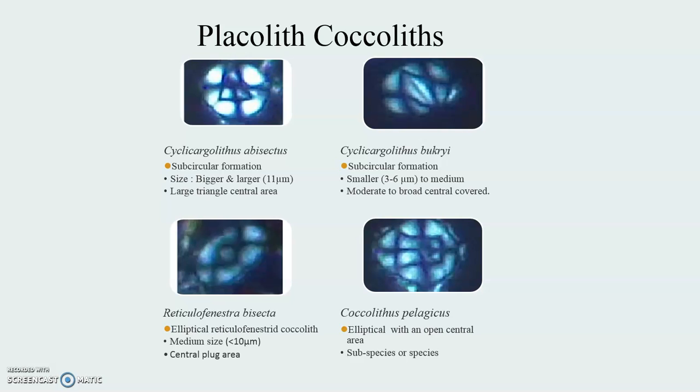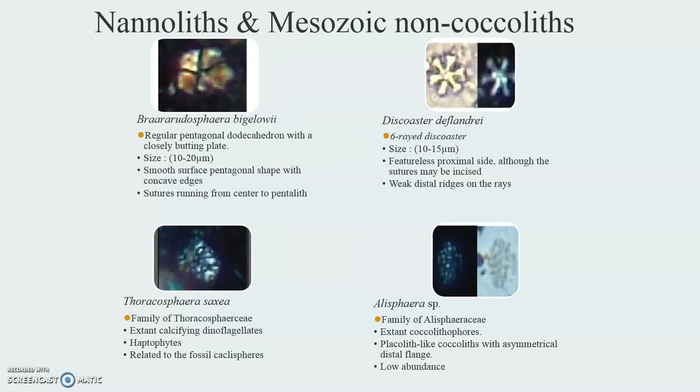Both Cyclicargolithus abisectus and Cyclicargolithus floridanus have a similar formation, which is subcircular, but different size, bigger and smaller, and different central area. And both Reticulofenestra bisecta and Coccolithus pelagicus have a similar elliptical shape but different central area.